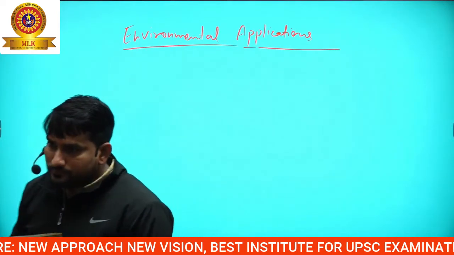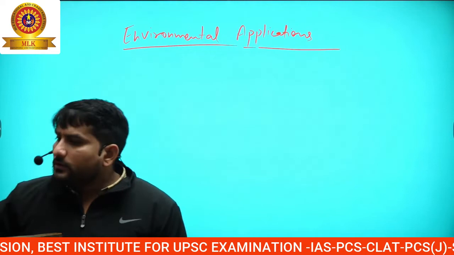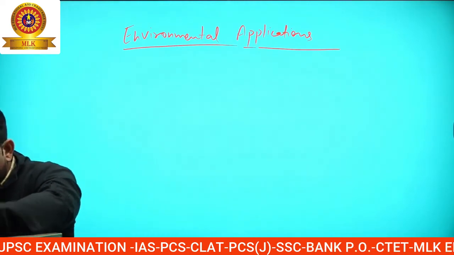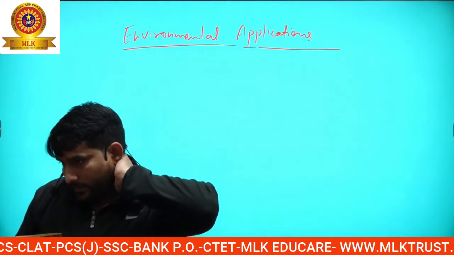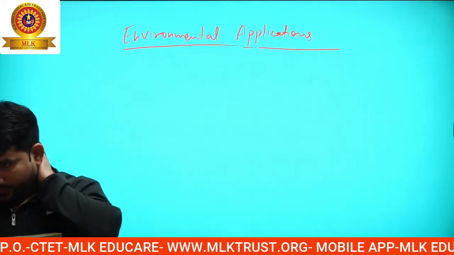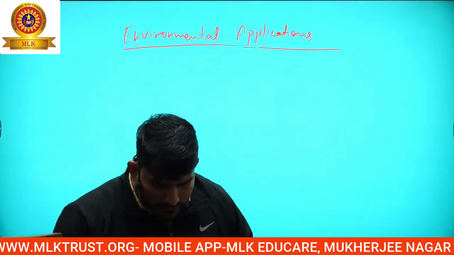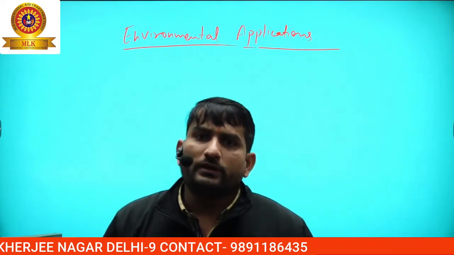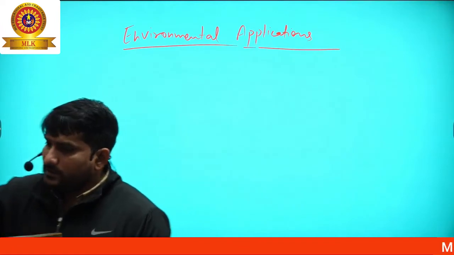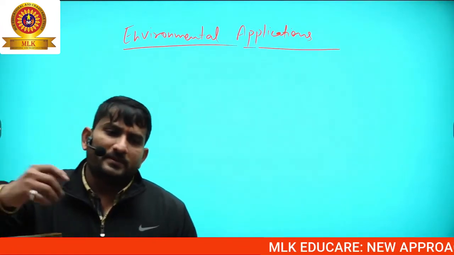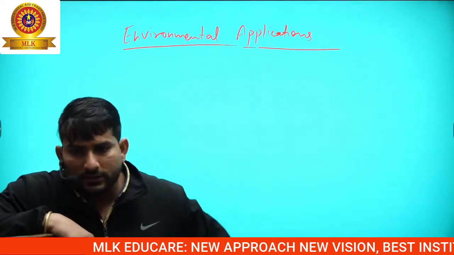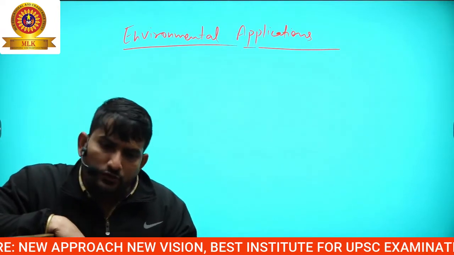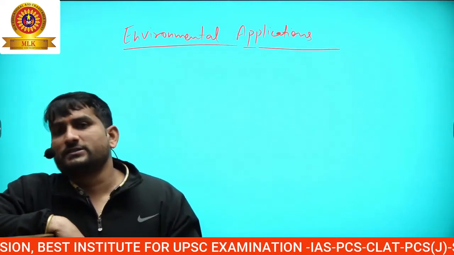So what kind of environmental applications are here? Some robots are being developed like oil zappers. What are oil zappers? Oil zappers are considered as organisms or devices which are used to eat and digest oil spills actually.